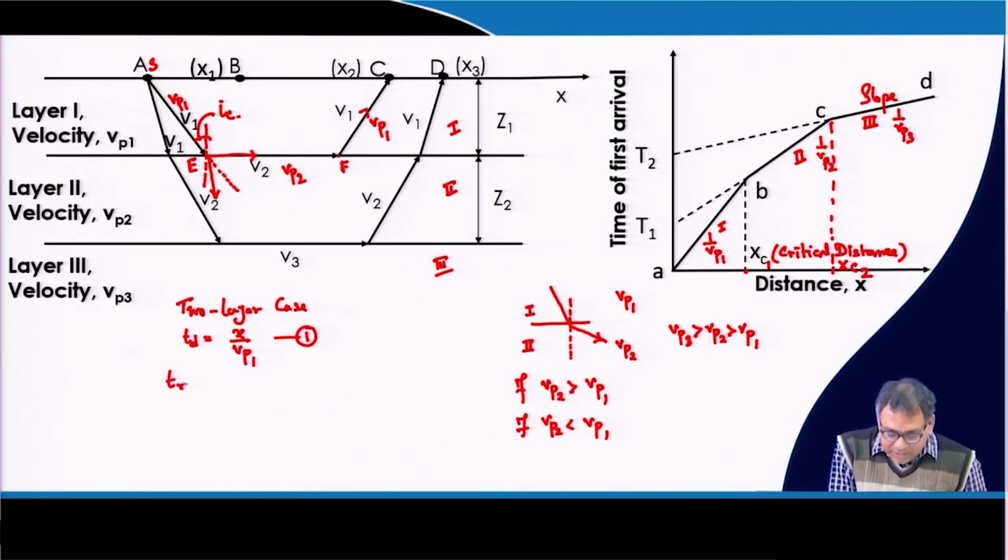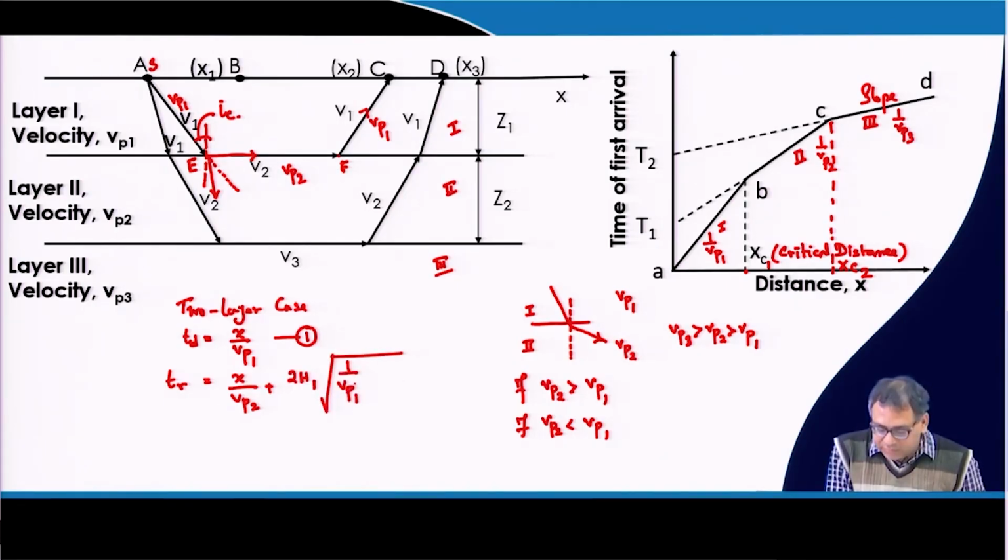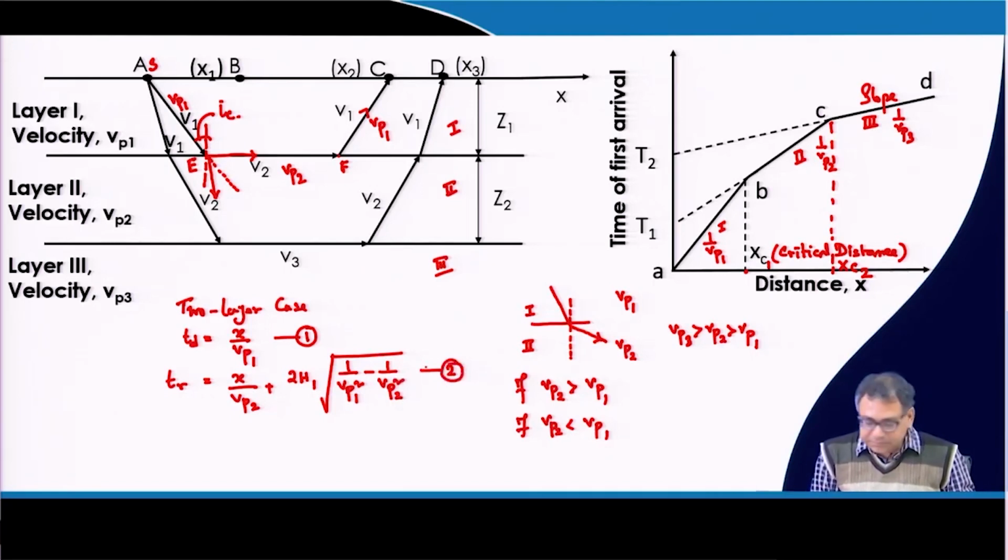Then Tr for the refracted rays is x by Vp2 plus 2h1 root over 1 by Vp1 square minus 1 by Vp2 square. So, now you can see that this is the equation of direct rays and the refracted rays.